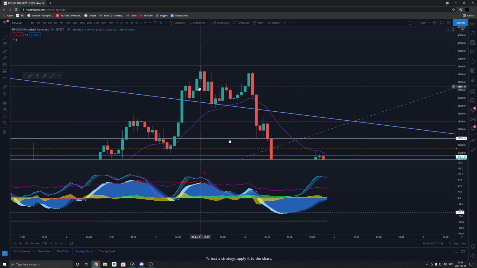And then it starts pumping, and then you enter right here, or even right here. And then boom, down we go. So when you miss a trade, instead of looking for long, start looking for short. Start looking for places where we could see a bounce, and make a cheeky short instead.